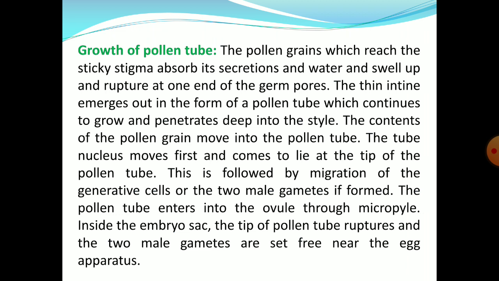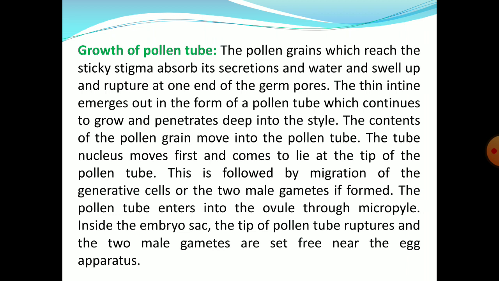Here the generative cell forms two male gametes after mitotic division. The pollen tube enters the ovule through a small opening, called the micropyle.